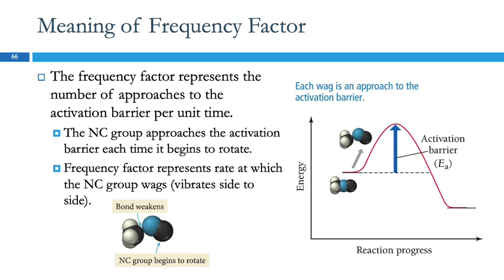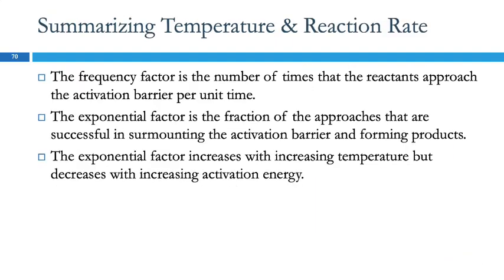If my temperature is higher, that means that more of these have more energy, and they're already closer to the activation energy, and so that's going to make the rate go faster. So that exponential factor increases with increasing temperature. Now more approaches are successful, but if you increase the activation energy, fewer are successful.